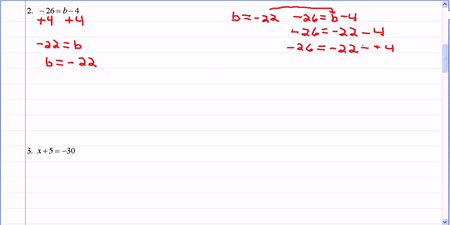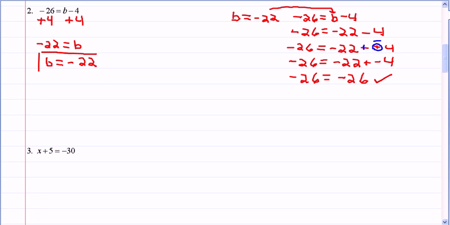And I do keep, change, change. And I can rewrite this as negative 26 equals negative 22 plus a negative 4. And when you add two negatives, the answer stays negative. So it's negative 26 equals negative 26. Since these two numbers match, the value of b equals negative 22 is correct.